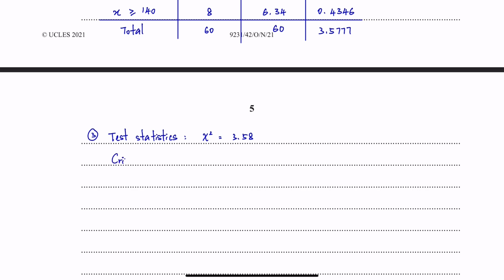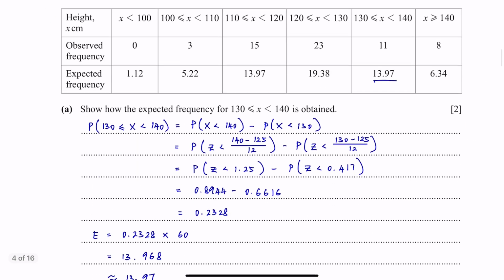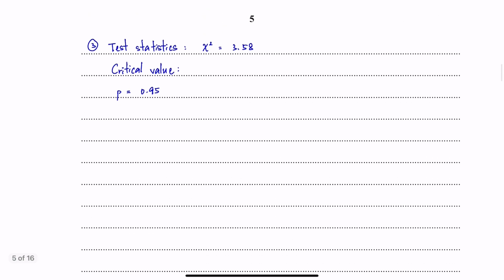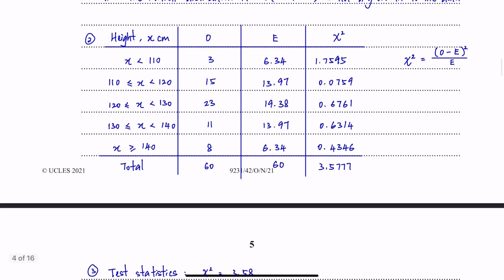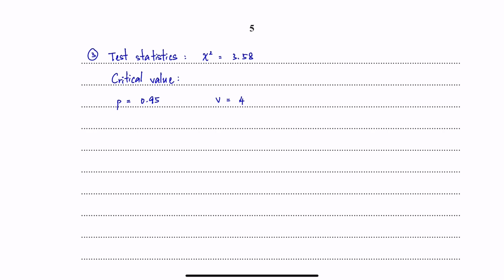As for the critical value, we know that our p-value would be 0.95 because we are testing it at 5% significance level. So p would be 1 minus 0.05, and the degree of freedom would be the number of rows minus 1. So we have 1, 2, 3, 4, 5. So 5 minus 1 would be 4.